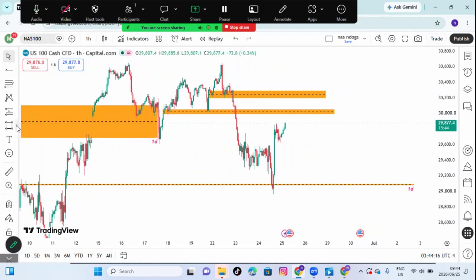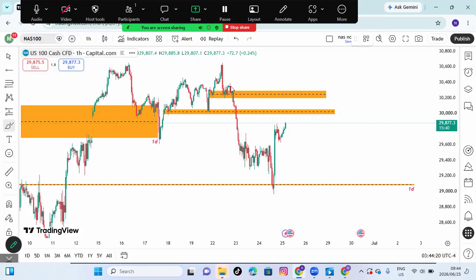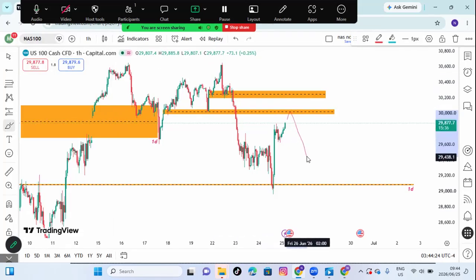Basically, what I'm saying is, here on this one, I'm gonna wait and see. Does it do this here, or does it go higher and go down? That's all I'm looking at here, guys.